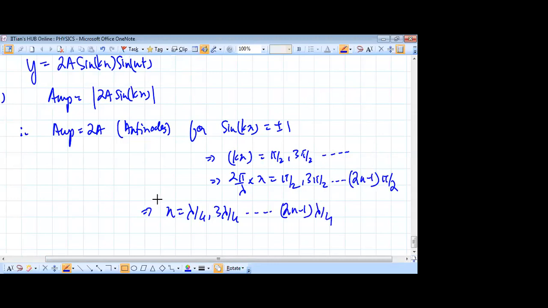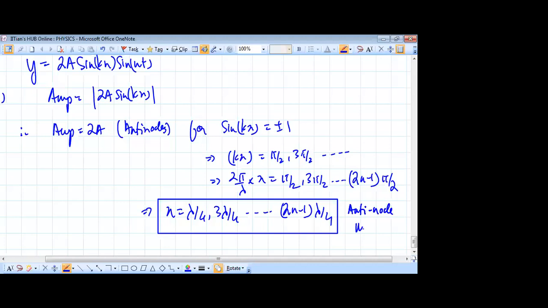So these become the positions of the antinodes, that's the maximum amplitude positions.